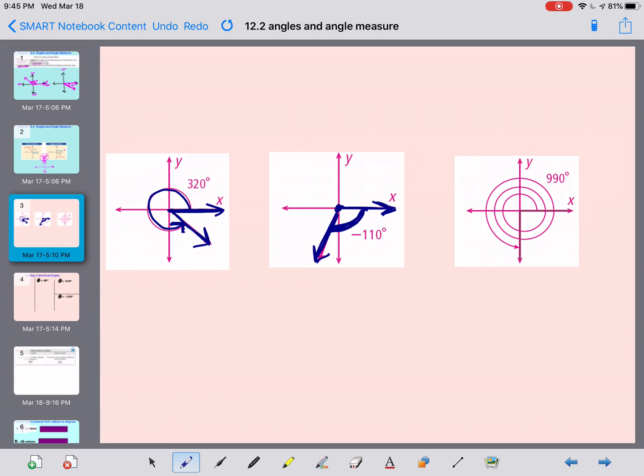This one, the diagram I have on the screen right now doesn't do a great job of showing the initial and terminal sides. Here's the initial side, okay? Then here's where the arc starts right here. It goes around one time for 360, and then it takes another loop. And this is how you should draw it. Oops, sorry, that's really bad. Right? You should draw it with this spiral effect.